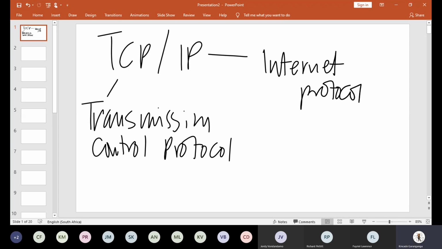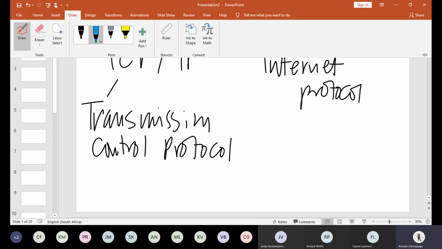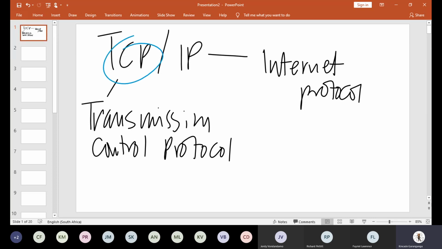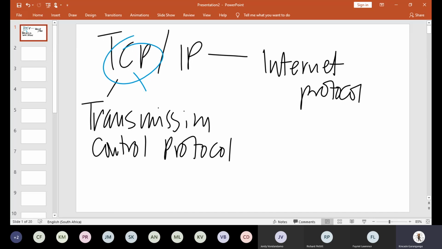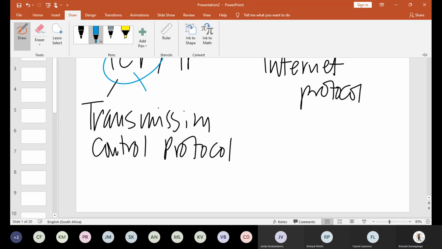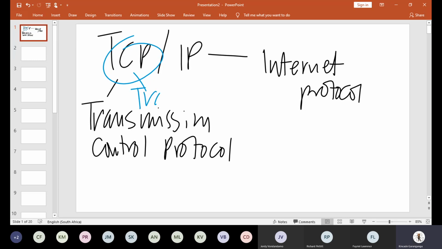All right. And remember, like we mentioned before, as far as conventions are concerned, you're looking at this from the transport layer. So that's your transport layer.